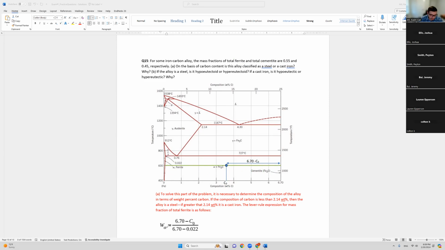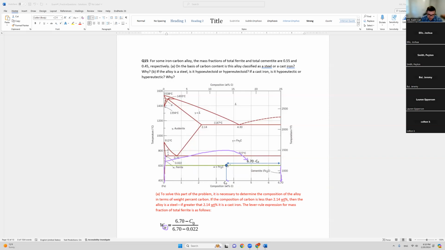To find the weight percentage of alpha phase, what do I do? Alpha phase is on the left. I take the region of the tie line which is away from the alpha solvus boundary. So I take this region. I know this value here, this is 6.7, and this is C0.